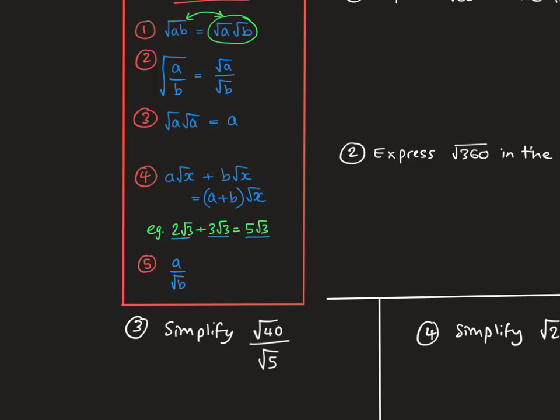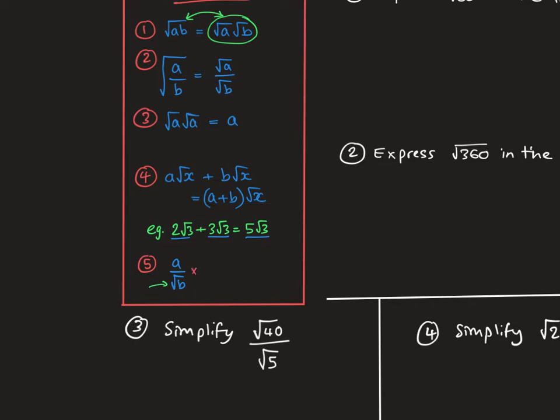Now, the last rule we'll be having a look at is this. If you have a square root on the bottom, this is known as an irrational denominator. Your denominator, the number on the bottom, is irrational because it's a square root of, say, square root of 3, square root of 5, of any prime number. Mathematicians don't like having square roots on the bottom.